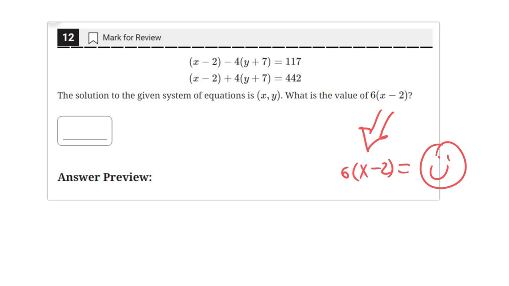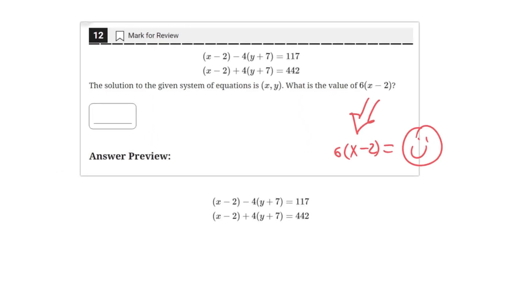So how do you do that? Well, I feel like we can all see there is an opportunity to immediately cancel these out if we add the entire bottom equation to the top equation, which, by the way, you are allowed to do.